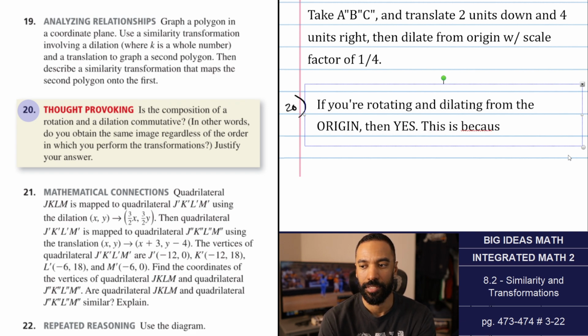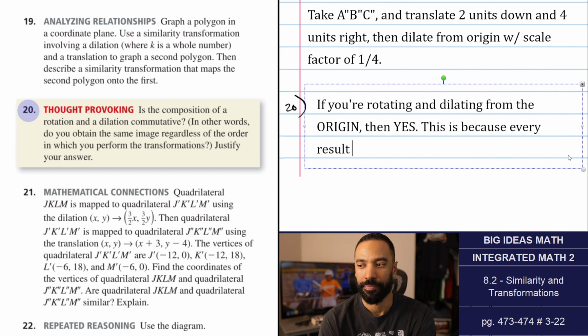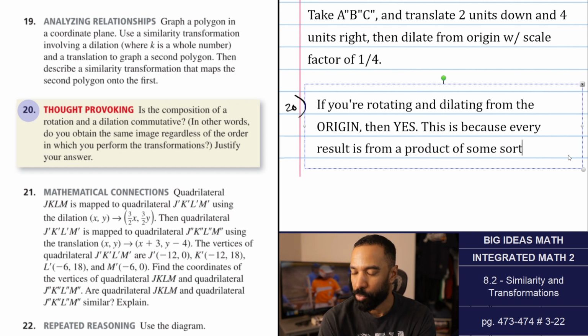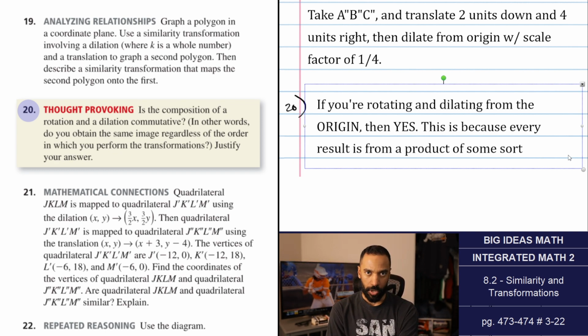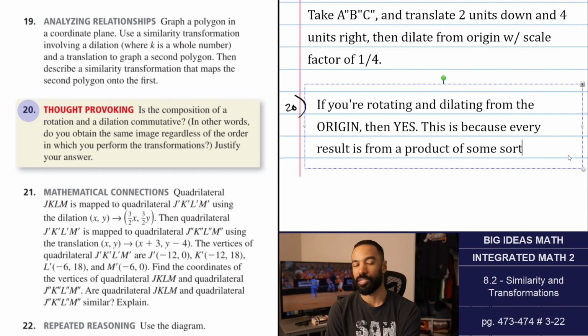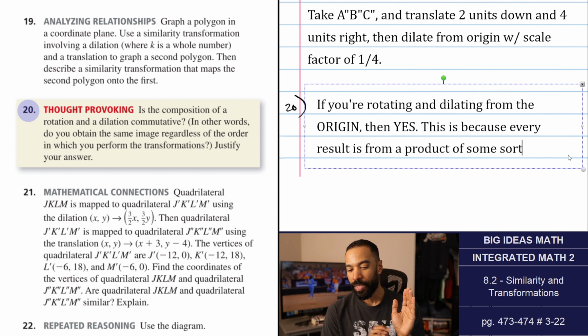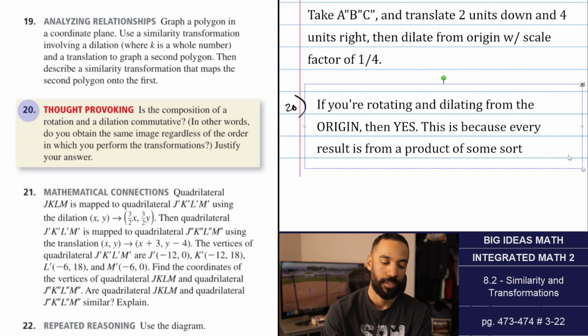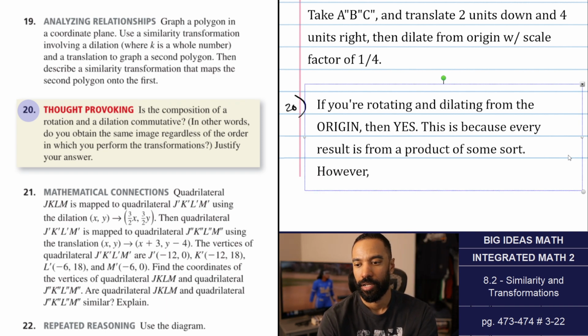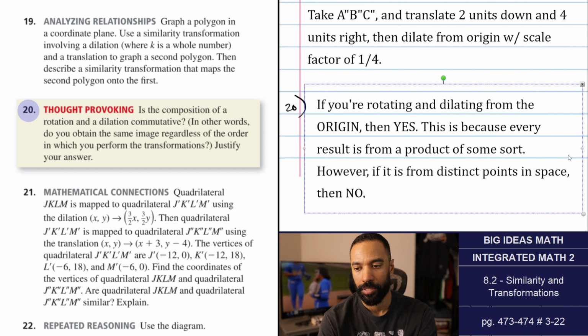This is because every result is from a product of some sort, and multiplication is commutative. You can change the order of the multiplication and it doesn't change. Do something times 2 and then times 3 versus times 3 and then times 2. Those are fine. However, if it is from distinct points in space, then no.